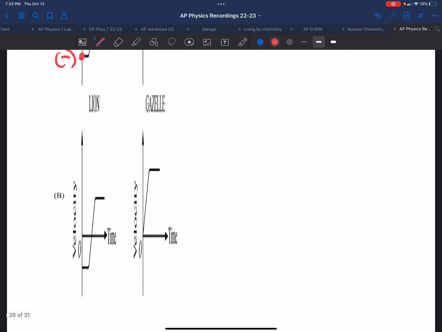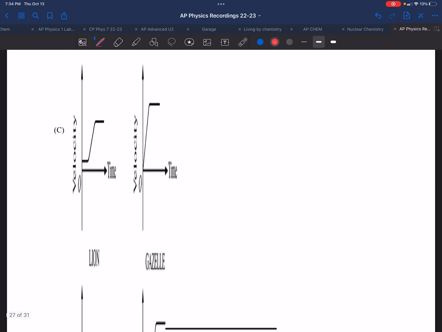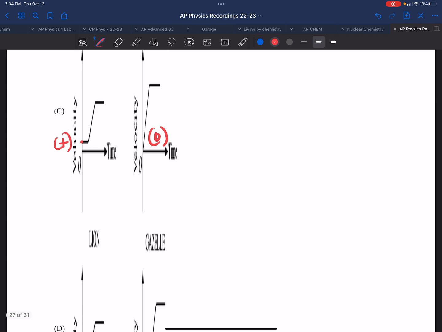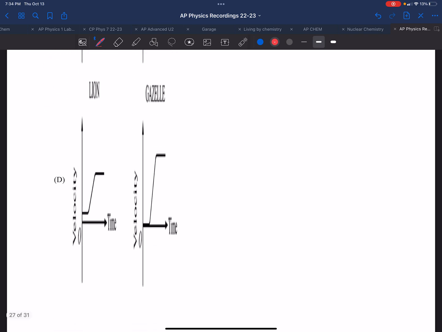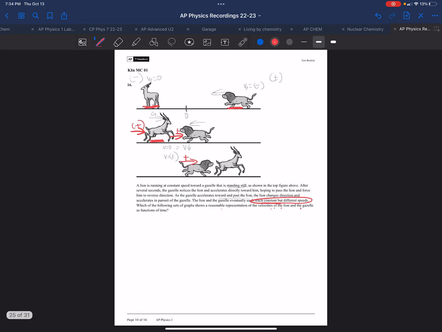And if we look at choice B, that is also consistent. If we look at choice C, we have the lion with a positive initial velocity and the gazelle with a 0 velocity, which seems to be inconsistent. The lion here, in choice D, has a positive initial velocity, and the gazelle is 0, which also seems inconsistent. So it looks like we're down to 50-50 right off the bat just by looking at the initial conditions.